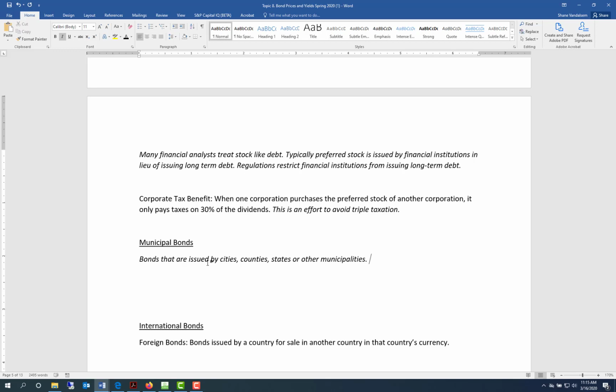The key thing to know about municipal bonds is that the investors don't have to pay federal income tax on these bonds, and typically they don't have to pay state income tax on these bonds as long as they were issued within the state in which the investor lives.